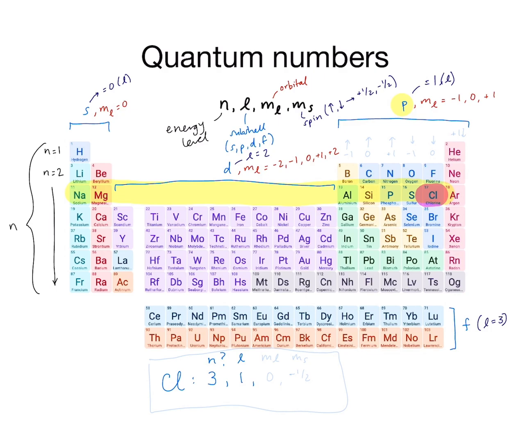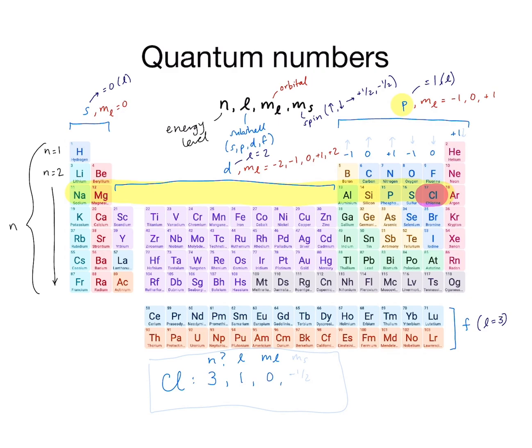When we're looking at our m sub l and trying to determine the orbital, we can go across the p orbital with -1, 0, +1, -1, 0, +1. And so our m sub l quantum number for chlorine is 0.